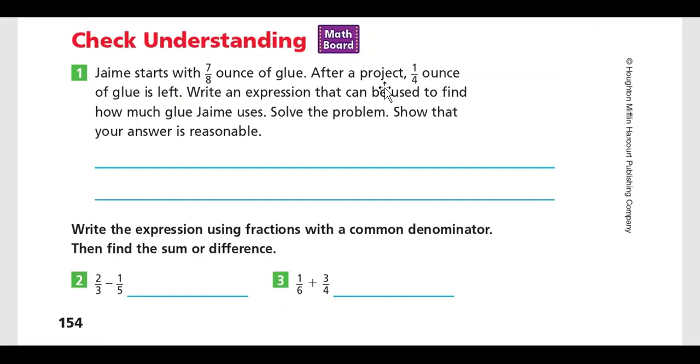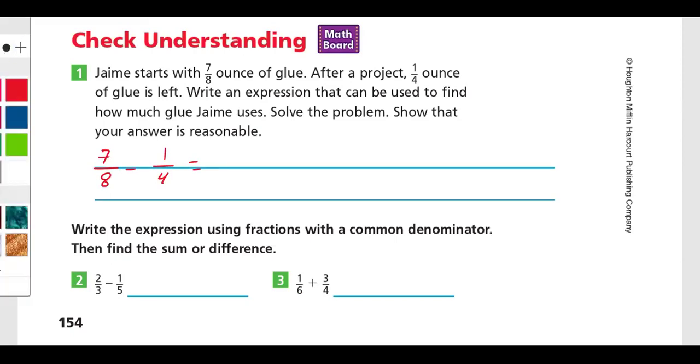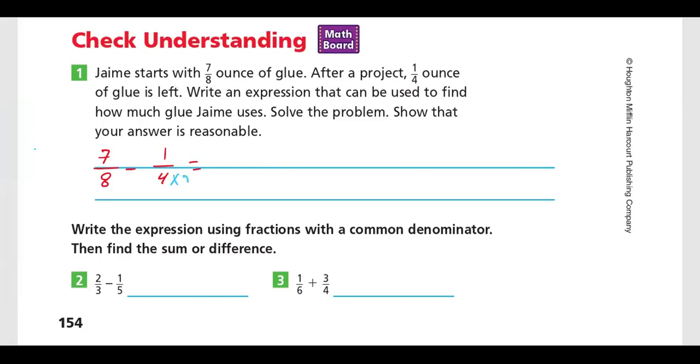So he uses what? So we have to subtract 7 over 8 minus 1 over 4. So I can make the same denominator. If I multiply 4 by 2, up and down, it will be 8.